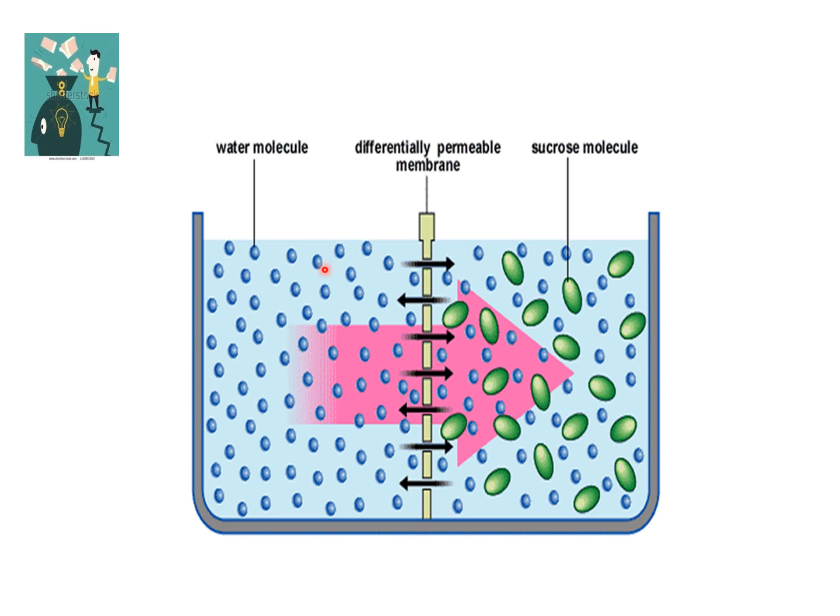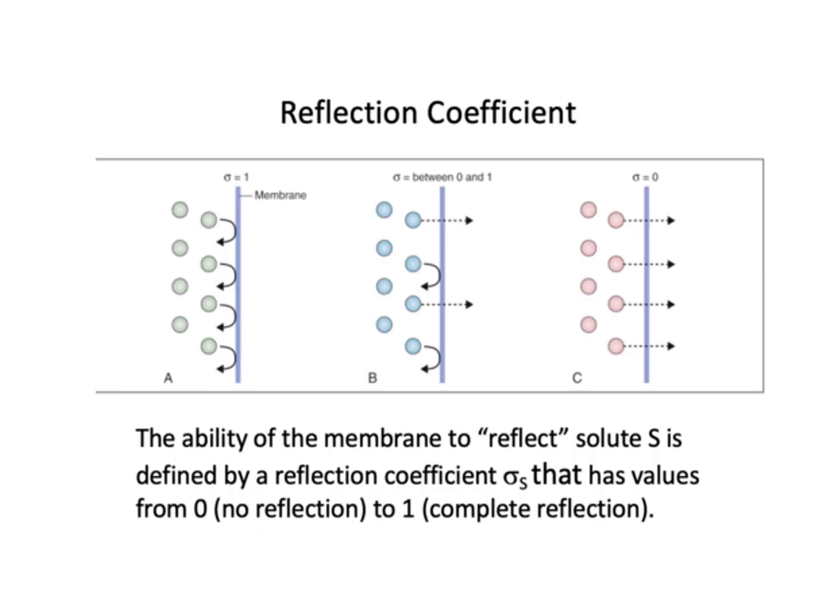So water from higher concentration will move to the lower concentration. Movement of solvent particles from higher concentration to lower concentration is known as osmosis. So osmosis is also a passive type of transport.